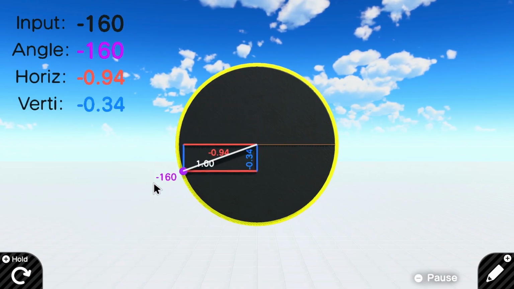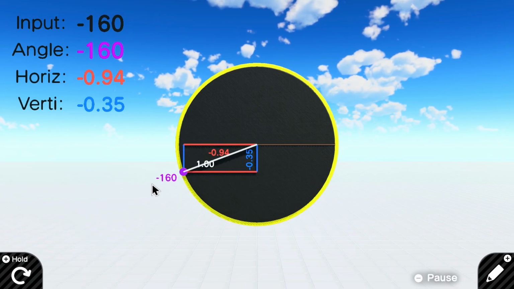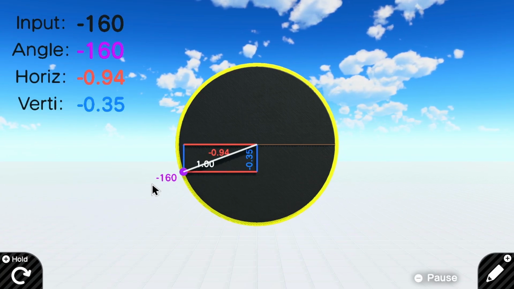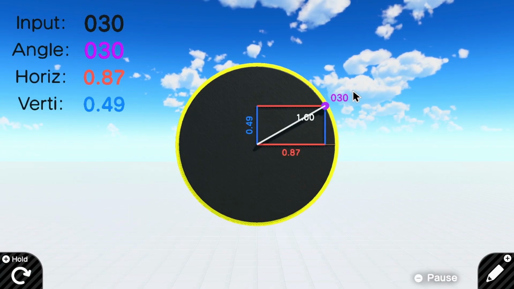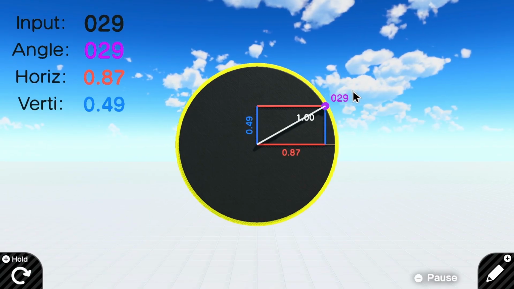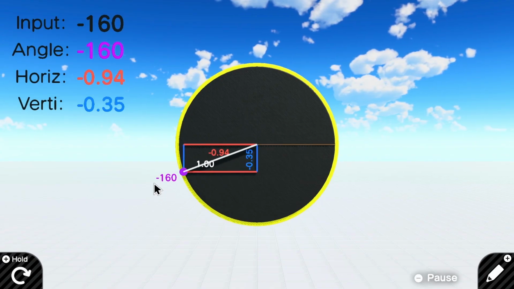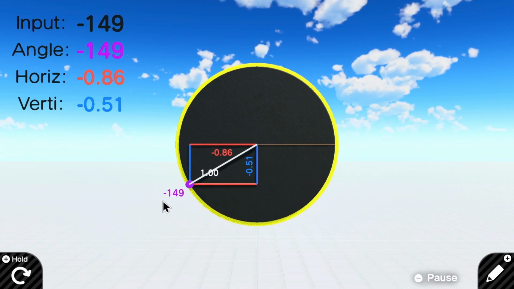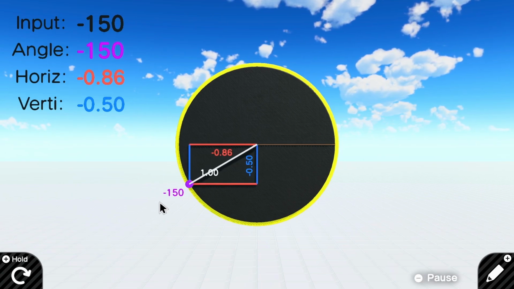So that will be here at negative 150. And as you see here, since we're at the opposite point of where we were before, the horizontal and vertical values, their magnitudes, are still basically the same as before. It's still 0.5 and 0.86.